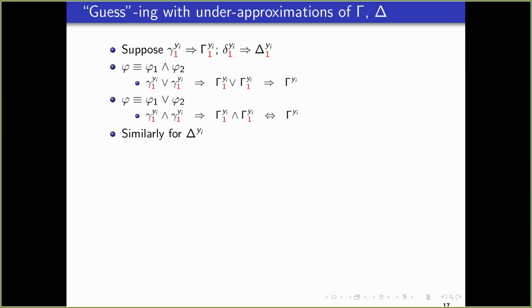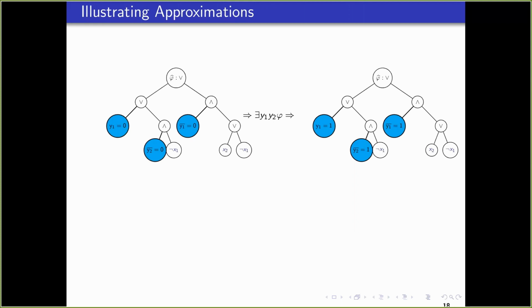And now how do we calculate these under approximations themselves? Here, we use a very simple trick. We say, okay, just take the specification, draw it out as a tree, and then look at all the things that you're trying to quantify out in your long sequence of quantification. So suppose I'm trying to quantify out y1 and y2.